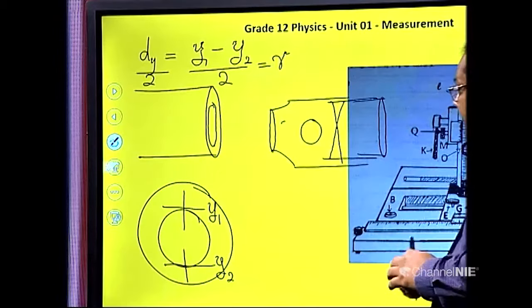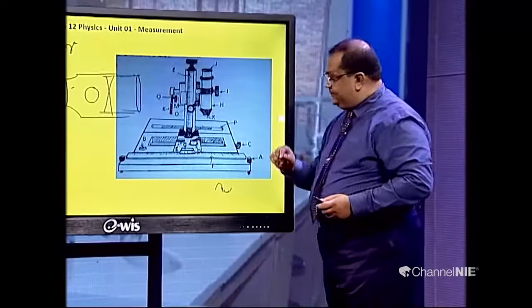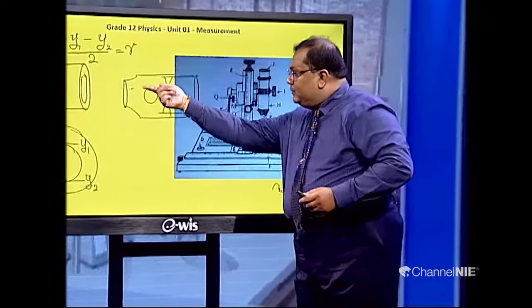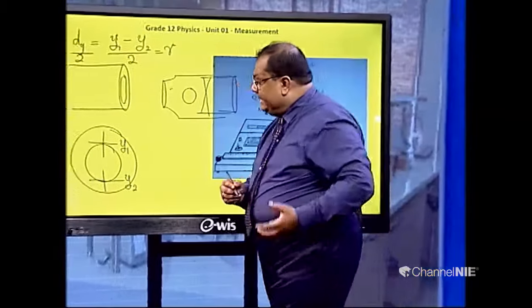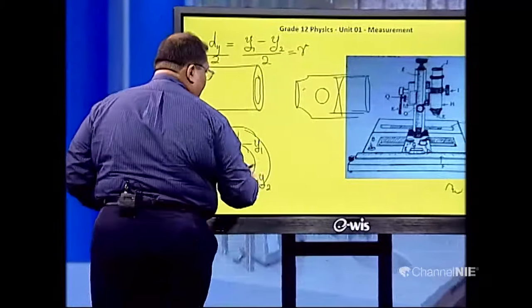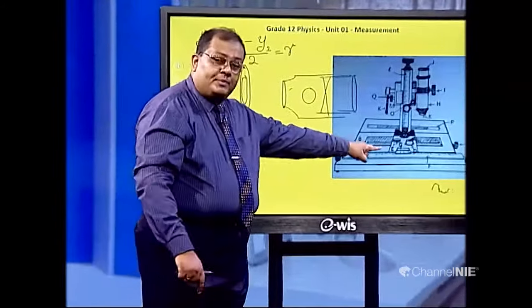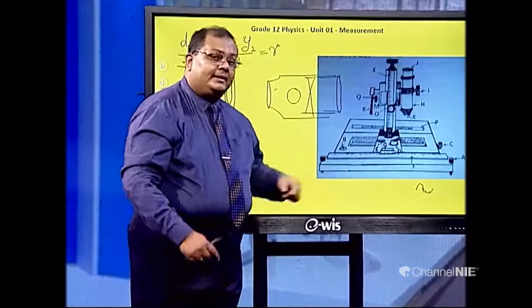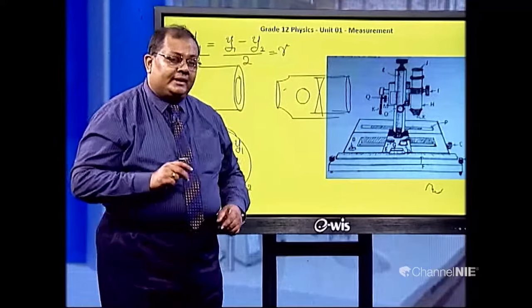To do that, you have to use this fine adjusting screw C. Then you can move it this way and this way in the horizontal direction. Then take the first reading. Before taking that, I told you, you should be mindful. This should be tightened. This should be tightened. Otherwise, the fine adjusting screw will not work.